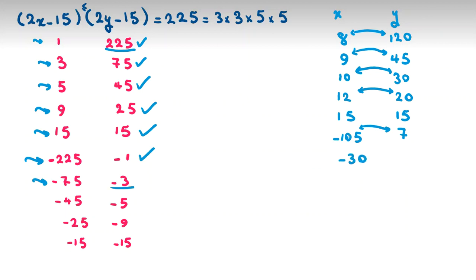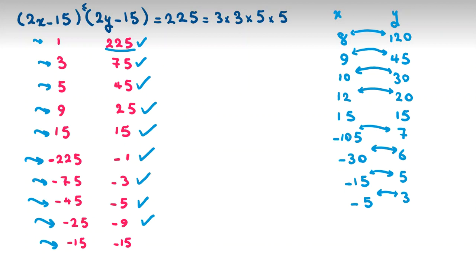Negative 3 plus 15, 12 over 2, 6. Negative 45 plus 15, negative 30 over 2, negative 15. Negative 5 plus 15, 10 over 2, 5. Negative 25 plus 15, negative 10 over 2, negative 5. Negative 9 plus 15, which will be 6 over 2, 3.